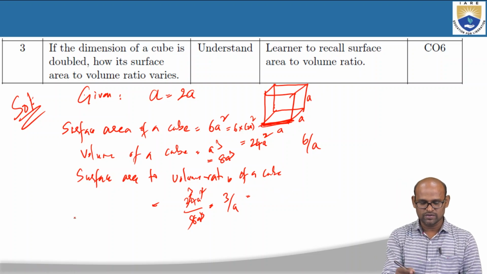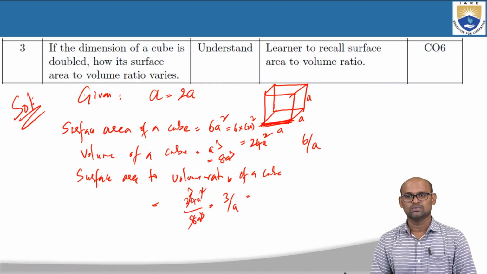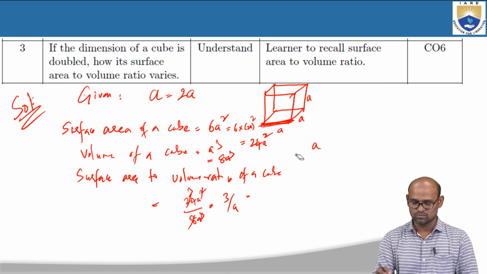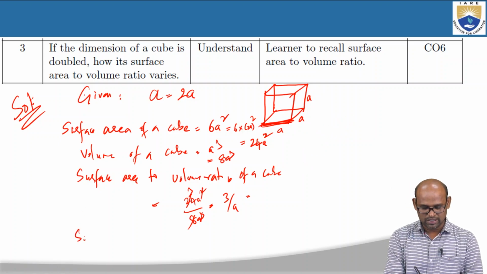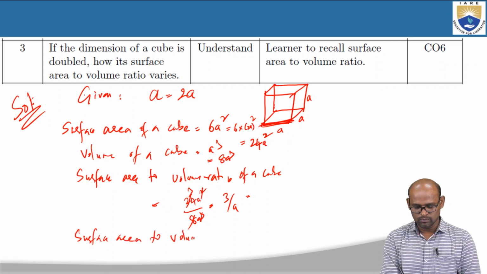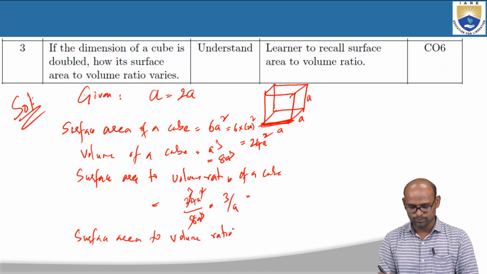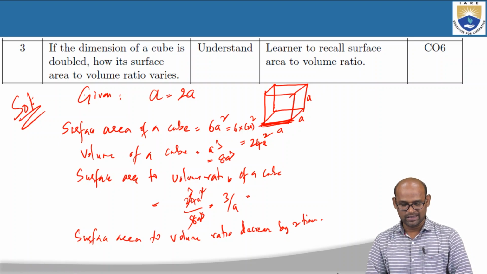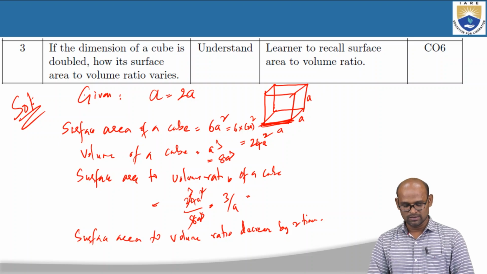So, surface area to volume ratio decreases by 2 times. Instead of 6 by a, we just have 3 by a.